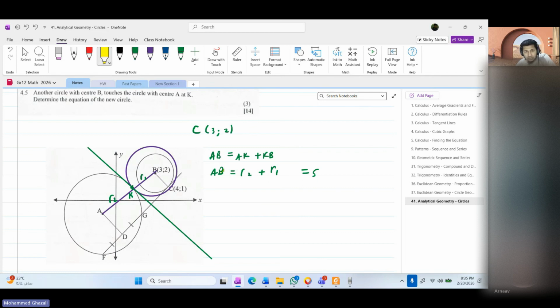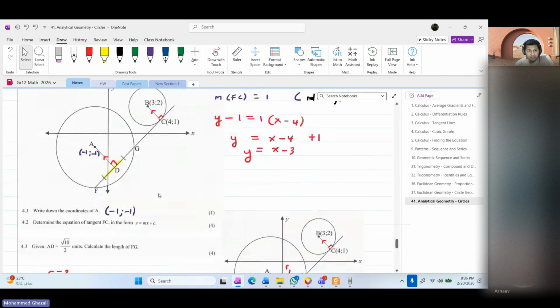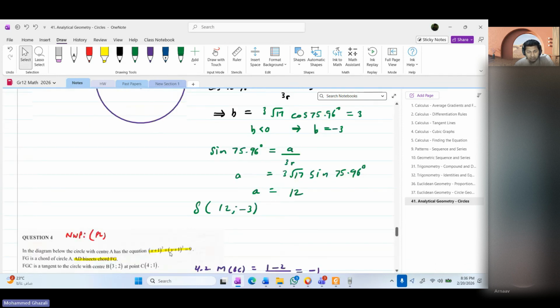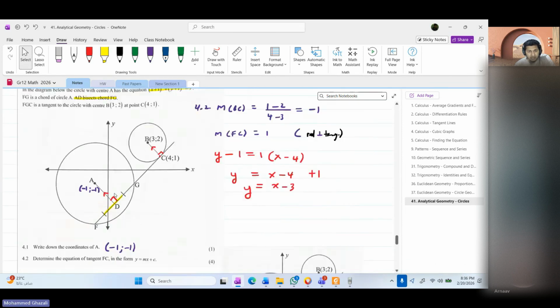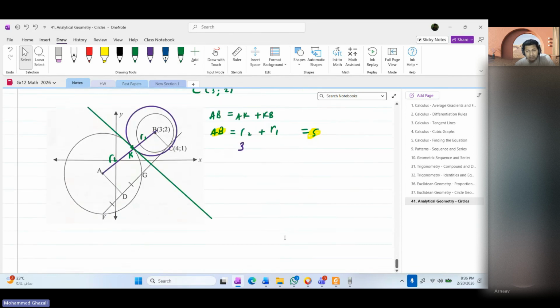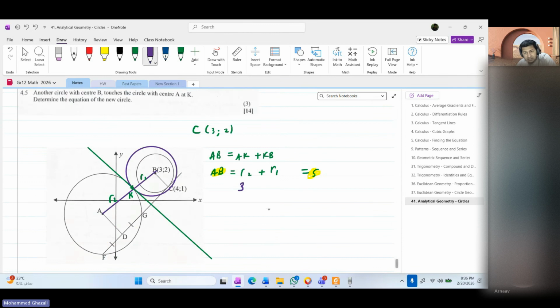Now, what is radius 2? Radius 2 is 3. How do we know that? From the equation of the circle: x plus 1, y plus 1 all squared is equal to 9. So the radius is 3, and plus R1 is equal to 5.